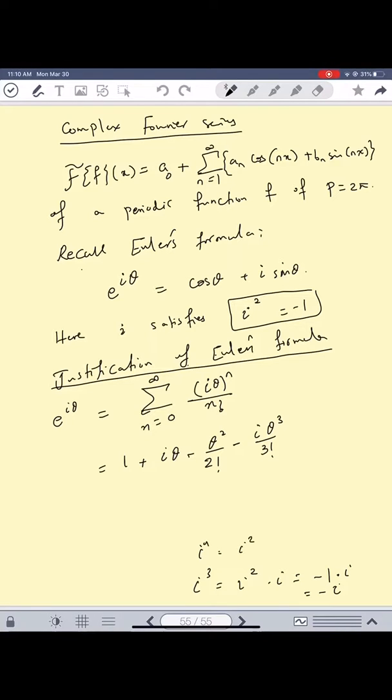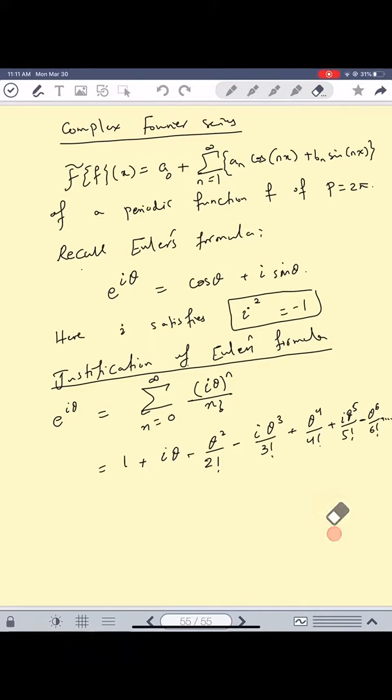It's i squared squared, but i squared is -1, and when you square it, you get 1. So this is plus theta to the 4 over 4 factorial. What do you expect next? You will have plus i theta to the 5 over 5 factorial, then minus theta to the 6 over 6 factorial, and so on. So this is what you're going to get after expanding a few terms of this series.